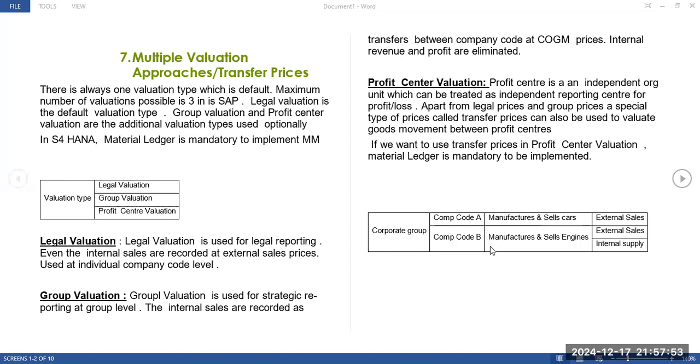It's not selling to other company codes, but company code B is manufacturing engines and it can sell to company code A, and that will be internal supply. For that internal supply, it will use either external prices or internal transfer prices using profit center valuation.